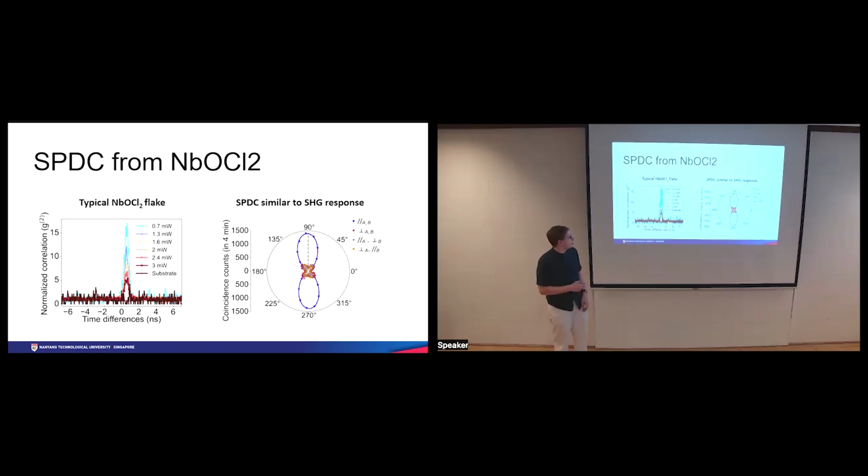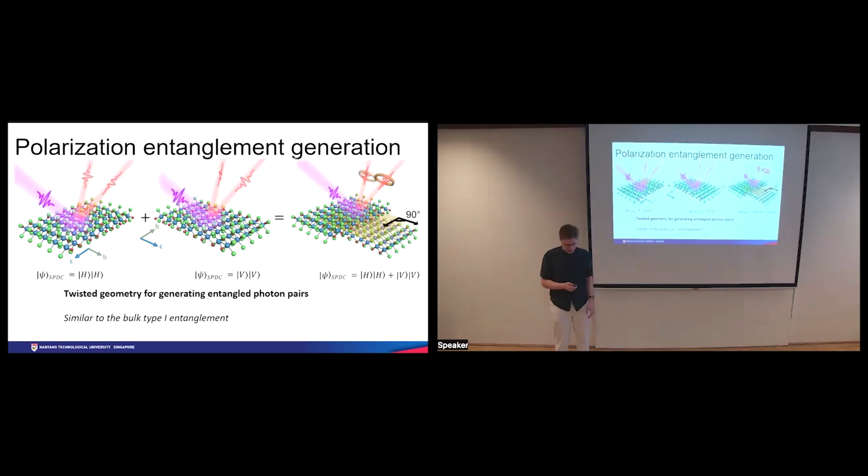So what we wanted to do for our project was to combine two flakes together, and when you pump these two flakes with a pump that's partially along the perpendicular crystal axis, you would get photons from both flakes at the same time. If everything is well balanced, you would have a similar amount of photons from both flakes.